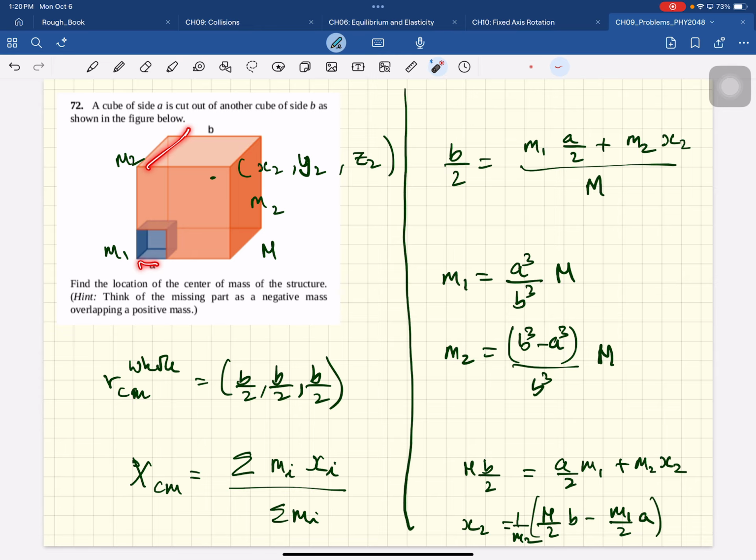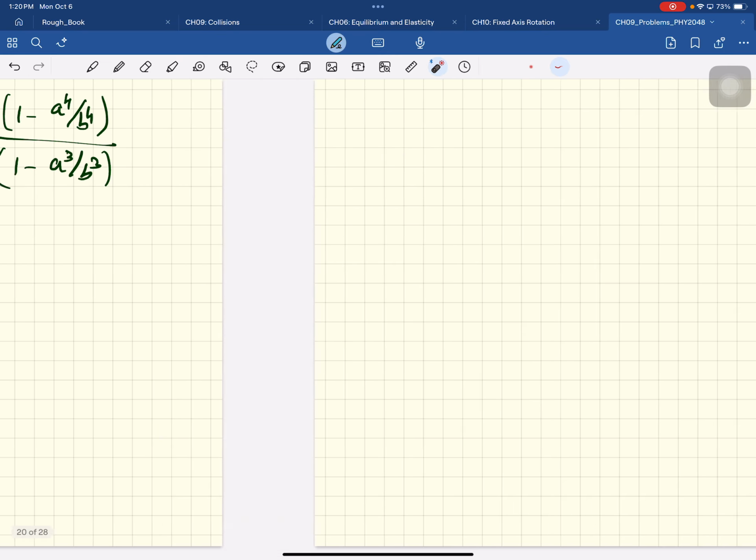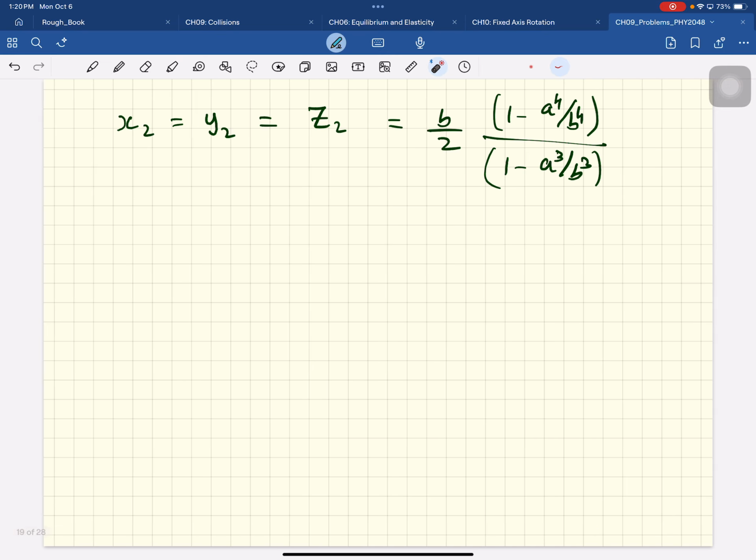A by B is less than 1. So since it's less than 1, the numerator is smaller than the denominator. 0.5 times 0.5 is 0.25. If you take a number less than 1 and raise it to an integer power, the fourth power is less than the cubed one, so this number is bigger than 1.